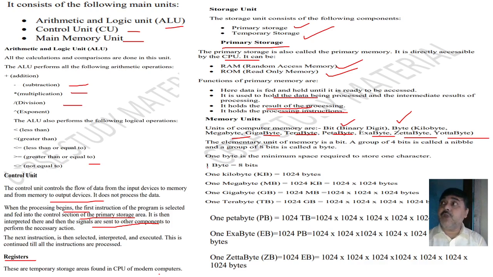Petabyte means 1024 terabytes, 1 byte equals 8 bits, and 1 kilobyte is 1024 bytes. 1 megabyte is 1024 into 1024 bytes. This way the configurations are done, and they work in this manner.